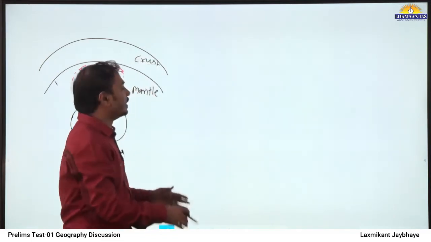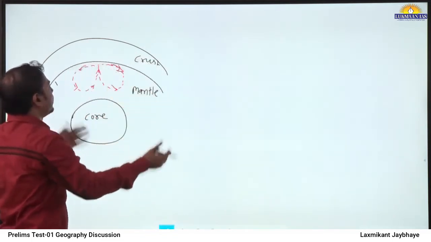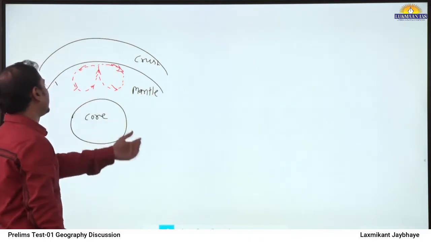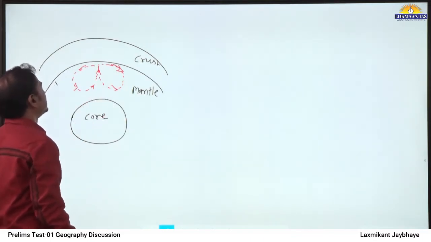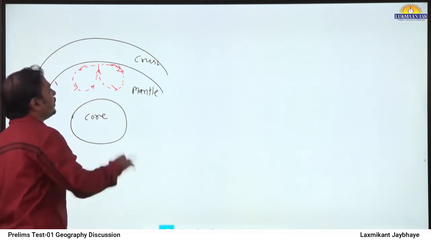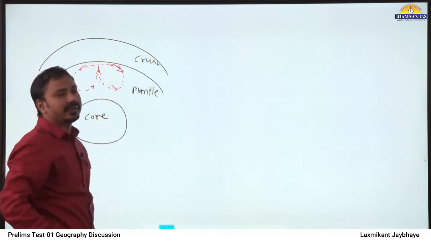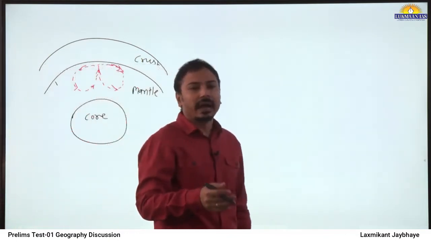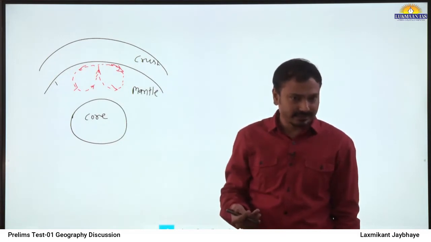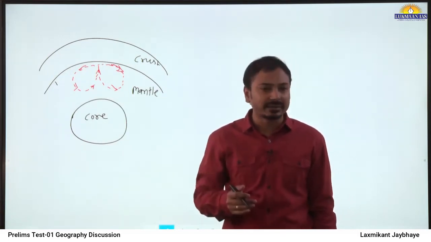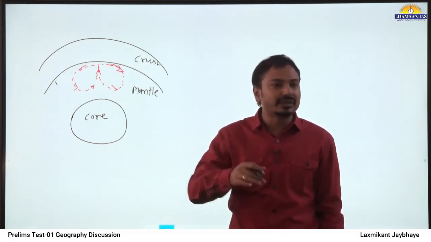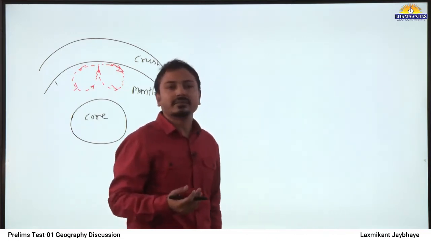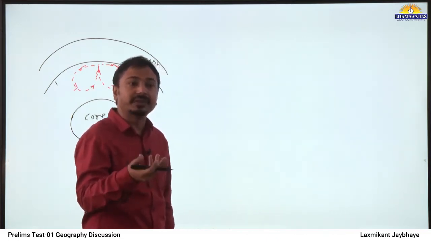We have seen how this force is responsible for the movement of the plates. Even plate tectonic theory suggests that this is the force responsible. Now we know that whatever volcanic activity is happening, that is happening along the plate margins. But many times we see volcanic activity happening within the plate.